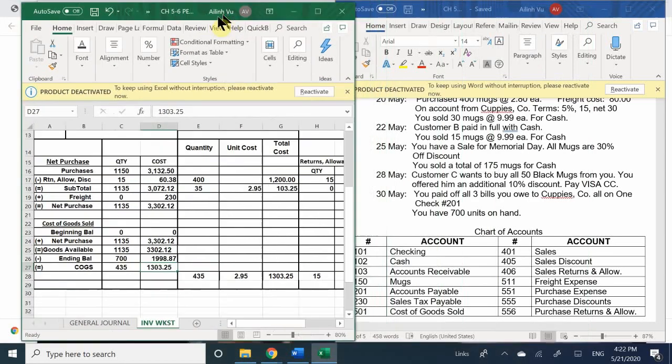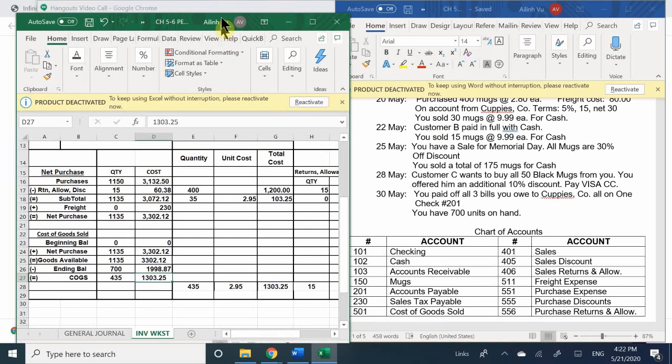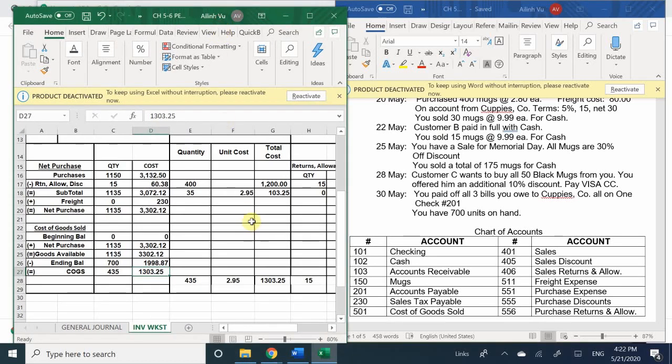Could you just go back for just 1 second? Because I missed something. Where are you lost, Andrea? When you're putting the total cost, I think I actually put it in the wrong spot at first. Okay. The one above here?